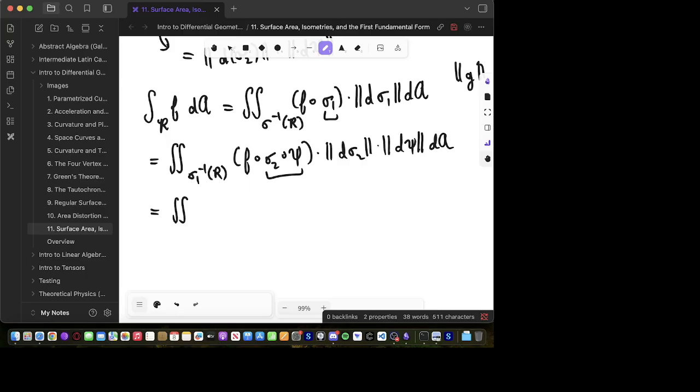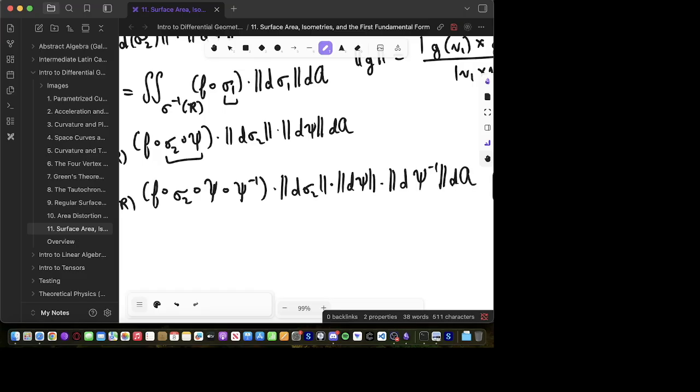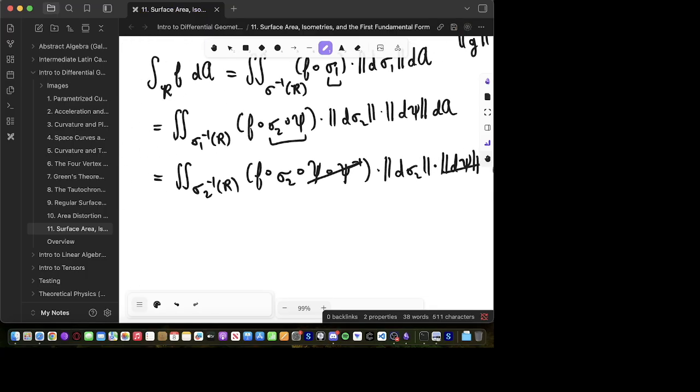And therefore, by the change of coordinates rule, now we're applying psi to the negative 1 times d. And I'm not going to prove this rigorously, but I think it should be fairly intuitively obvious that these two cancel out. Those two are going to be inverses of each other.